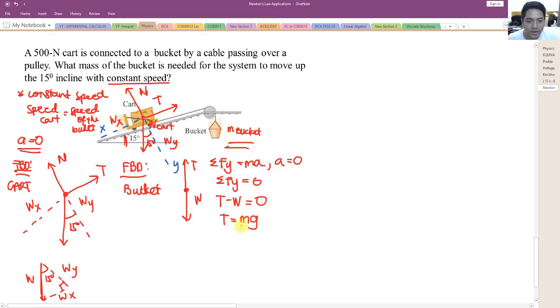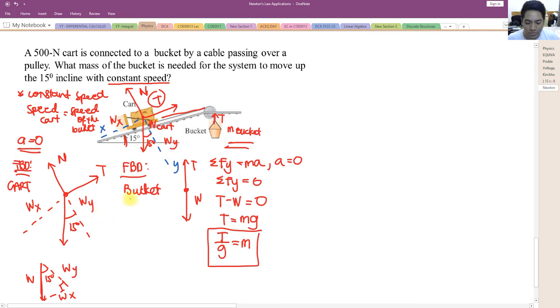So if we get the mass, we have T over g equals m. But again, we don't know the tension. And the tension here is the same as the tension here. So we need to get the tension first in the cart.